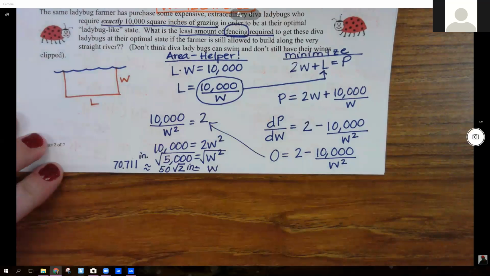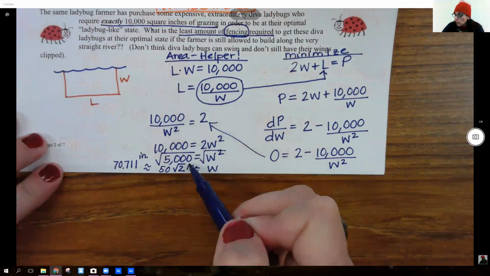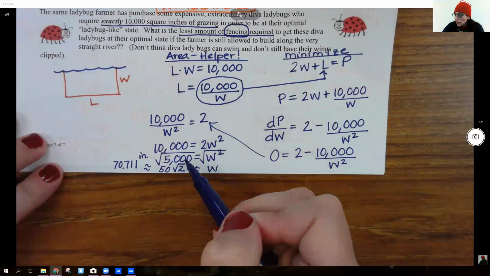And then we need to find the other one. So width, I don't know what's the easier one to work with, 50 root 2 or square root of 5,000? Probably this.